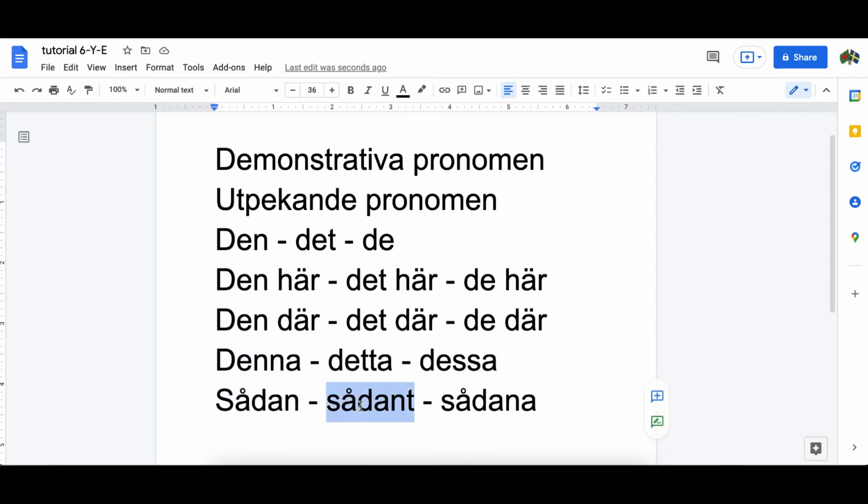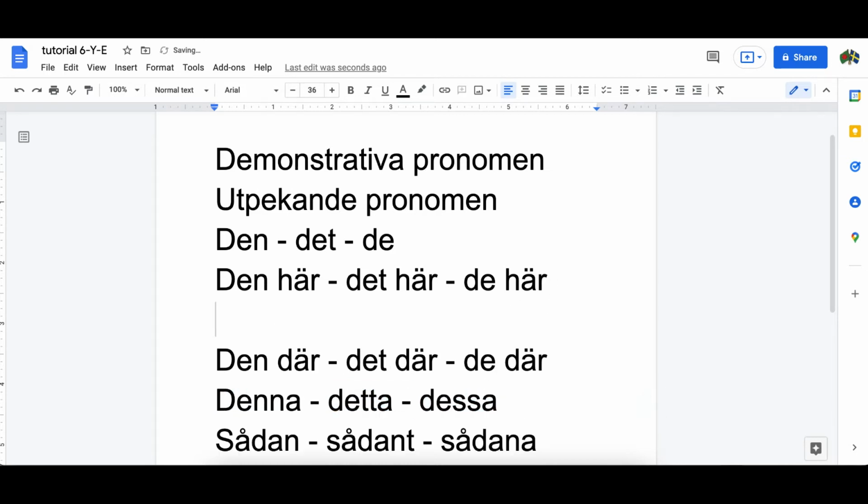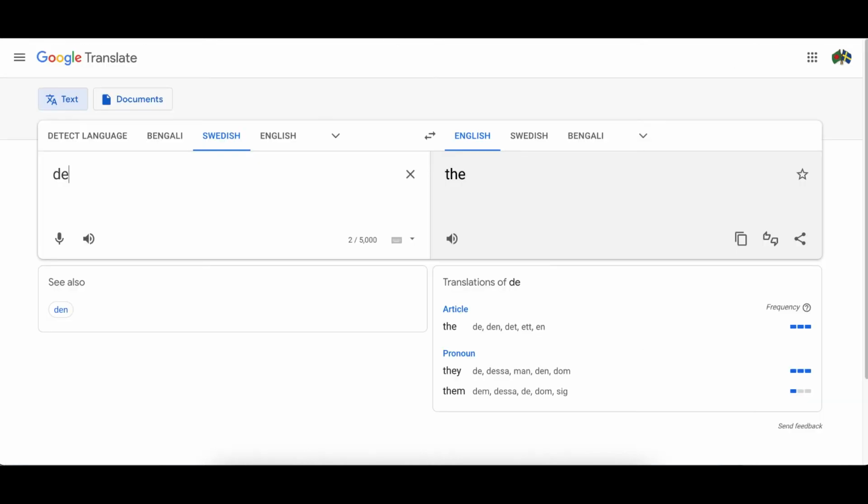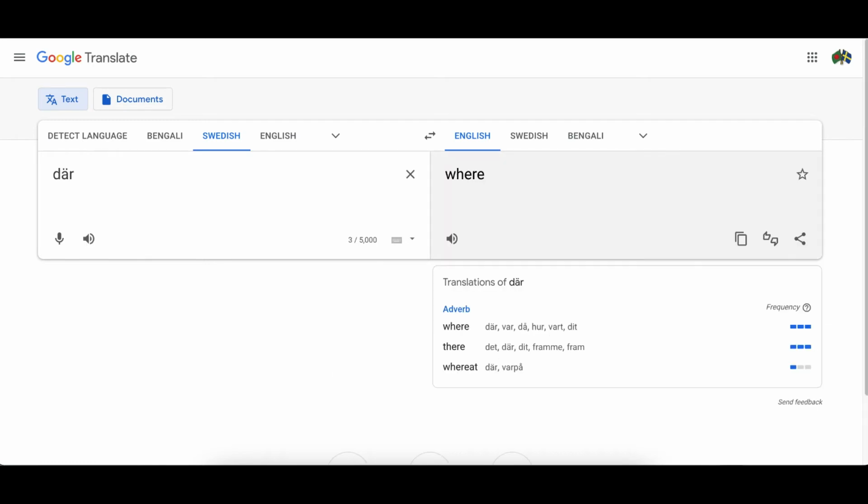Sådan, sådant, sådana. Ni ser skillnaden här och där. Vad är skillnaden? What's the difference? Så när vi skriver här means here. Och när vi skriver där means there.